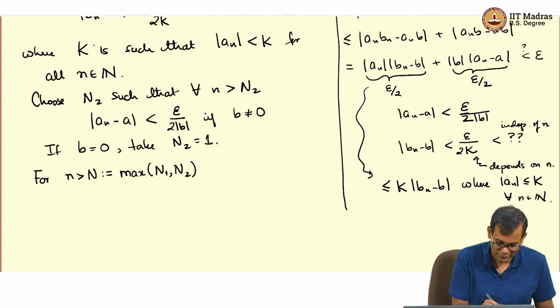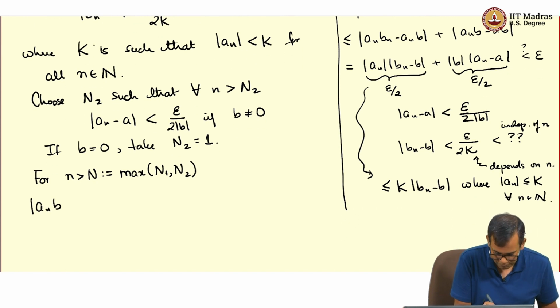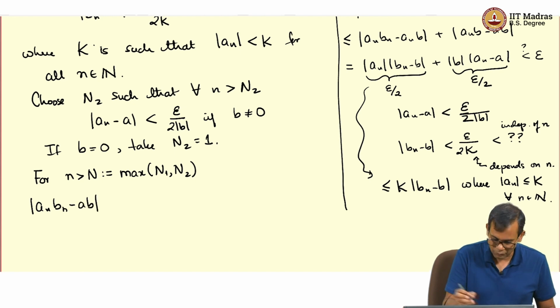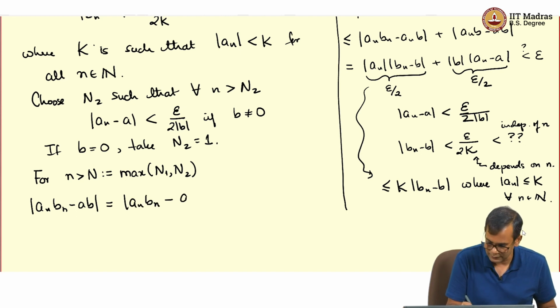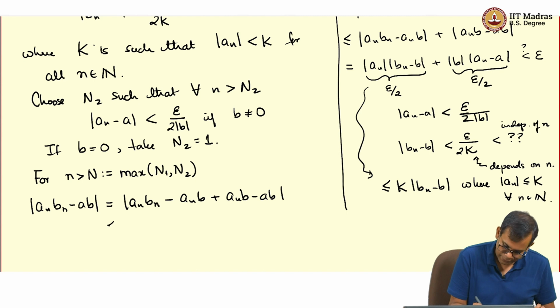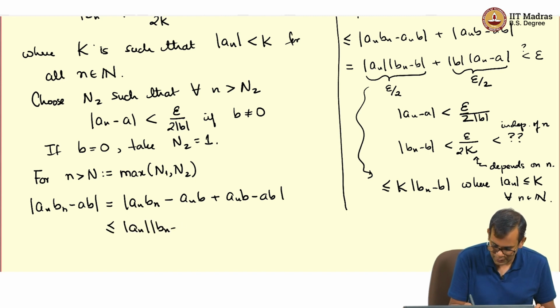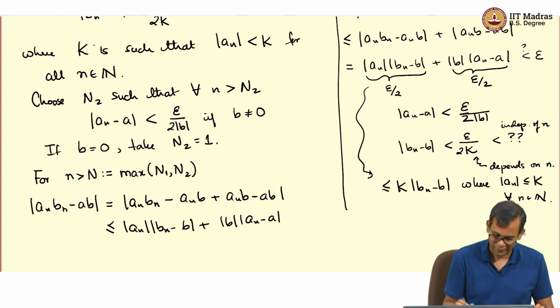So what we have is a_n b_n minus ab. As we worked out, this is a_n b_n minus a_n b plus a_n b minus ab, which by the triangle inequality is less than or equal to the absolute value of a_n times the absolute value of b_n minus b, plus the absolute value of b times the absolute value of a_n minus a. Now, what do we know about b_n minus b?